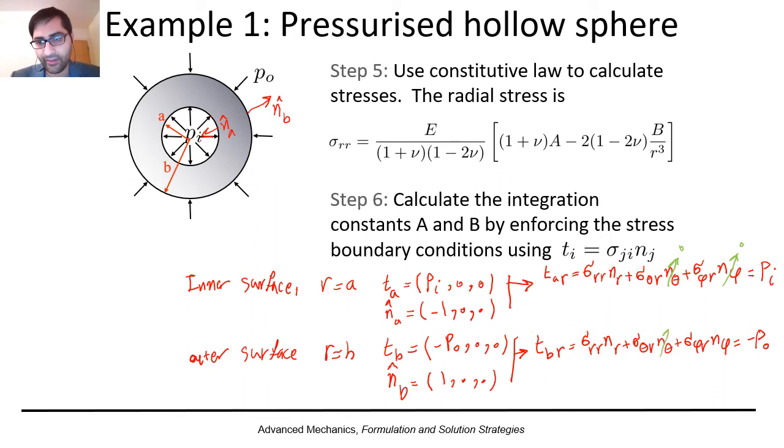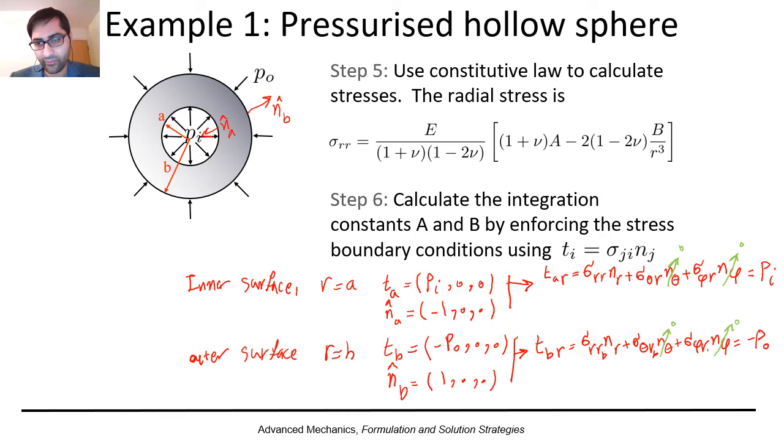Here again, n_theta at B is 0, n_phi at B is 0, n_r at B is 1, so sigma_rr at B becomes minus p_o.